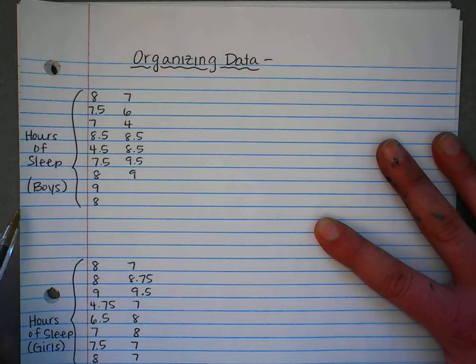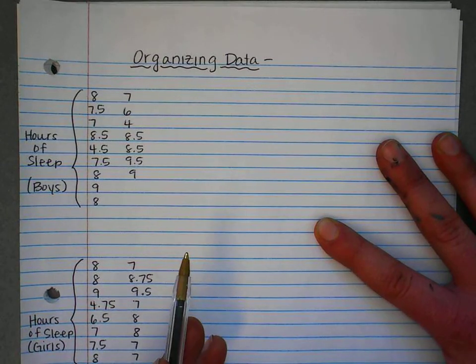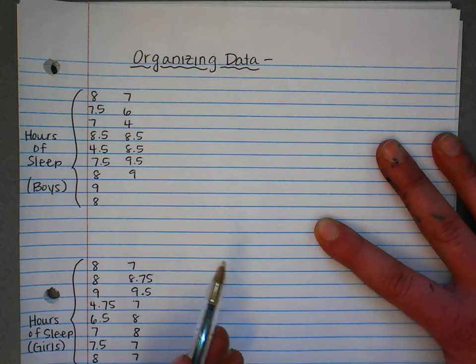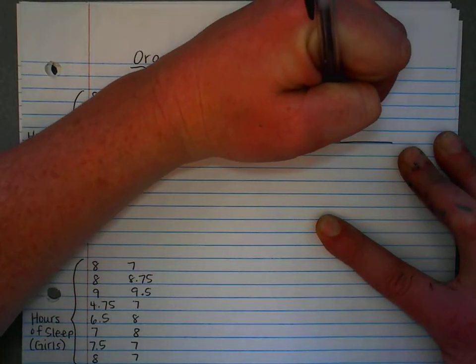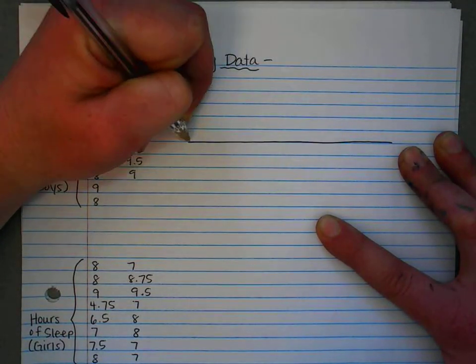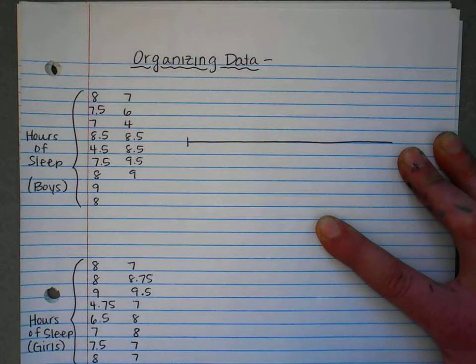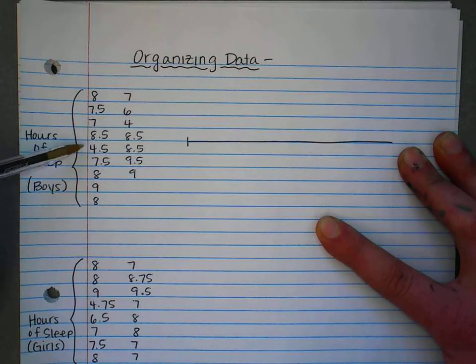So one of my students suggested, why don't we order it from least to greatest, which is a great idea. And so the first thing I'm going to do is draw a little chart here. And on this chart, I'm going to put the hours of sleep from least to greatest. It looks like the smallest right here is 4.5 hours that boys got.